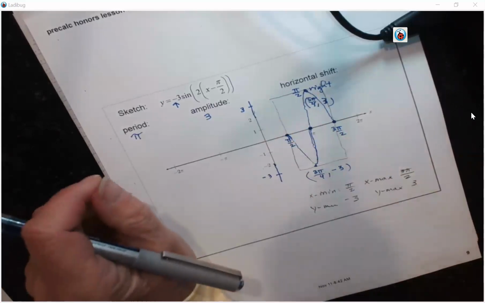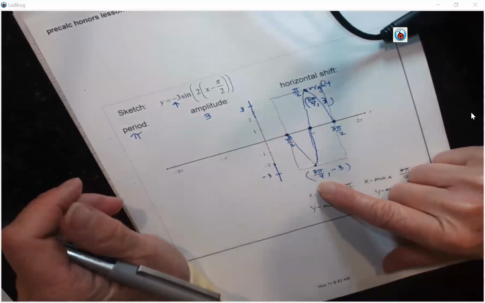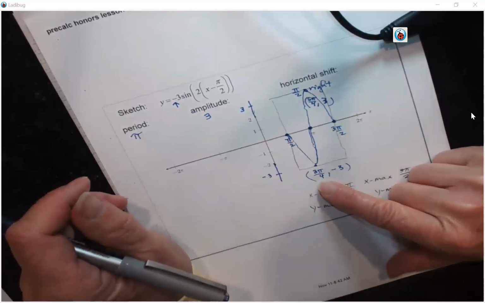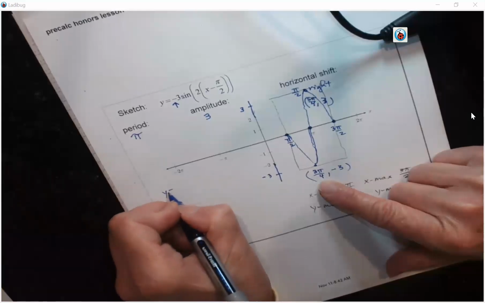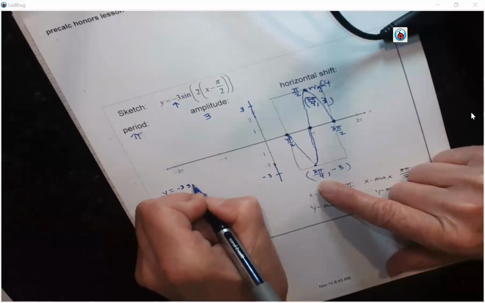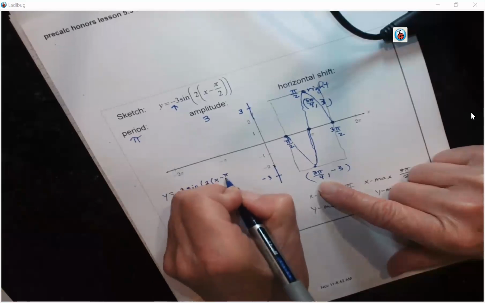There are some other things that you can do as well. For example, if you want to check the point 3 pi over 4 comma -3, that might be something kind of fun to do. So I know I'm supposed to have y equals -3 times the sine of 2 times the quantity x minus pi over 2.